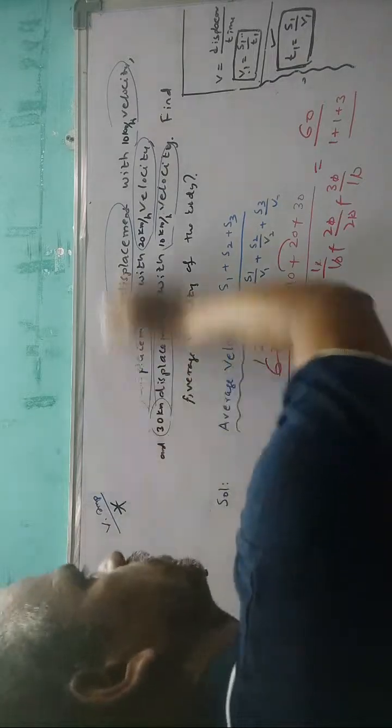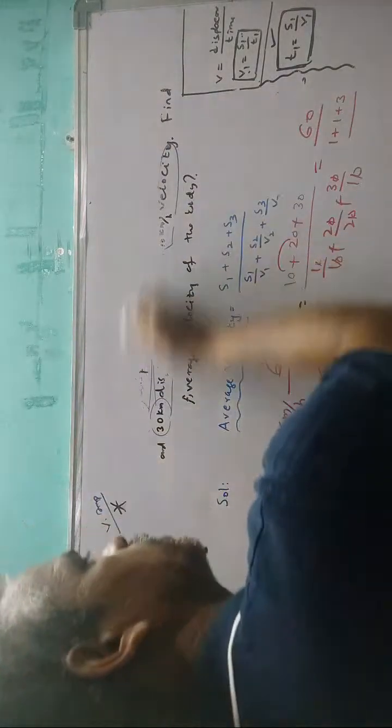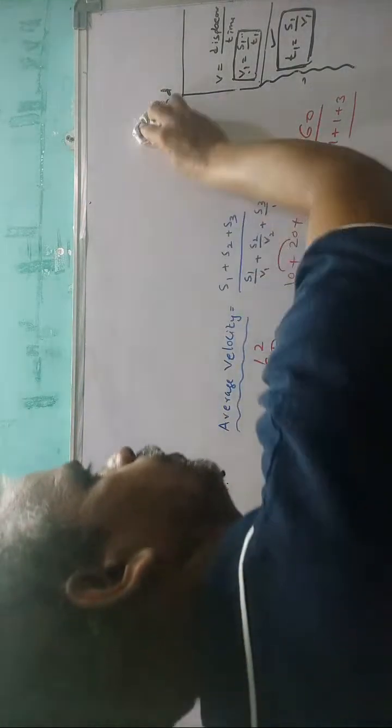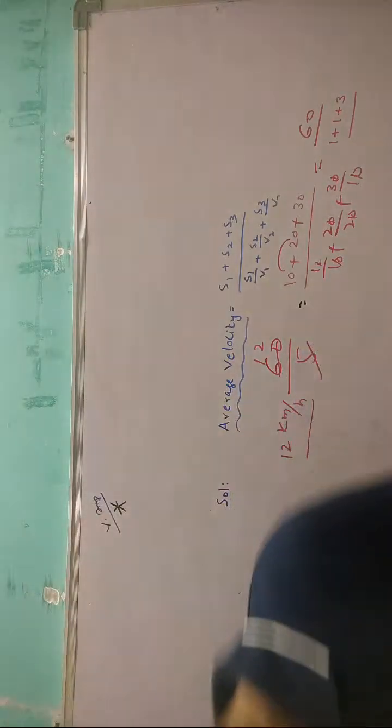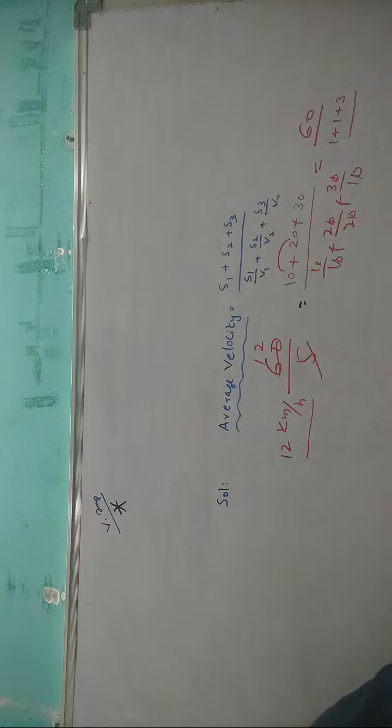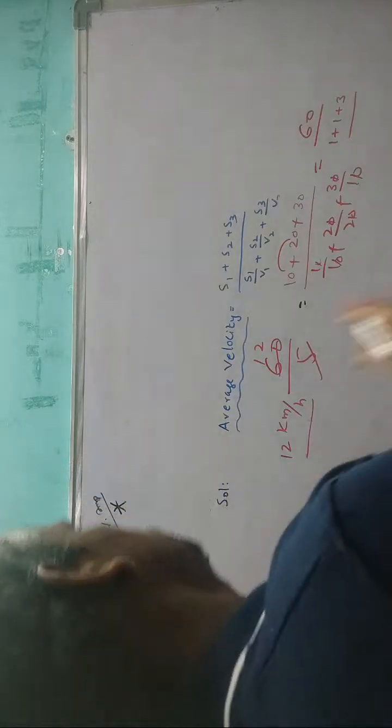I'm moving here. Drawing. This is also very important. A body moving in a vertical straight line covers first half distance with V1. Remaining distance with V2.